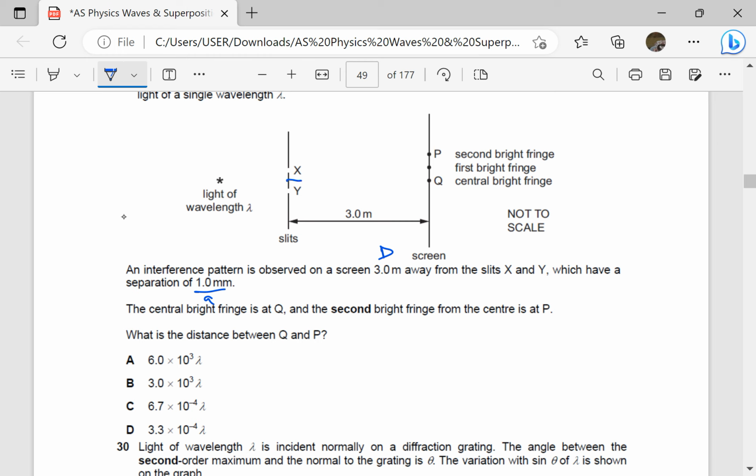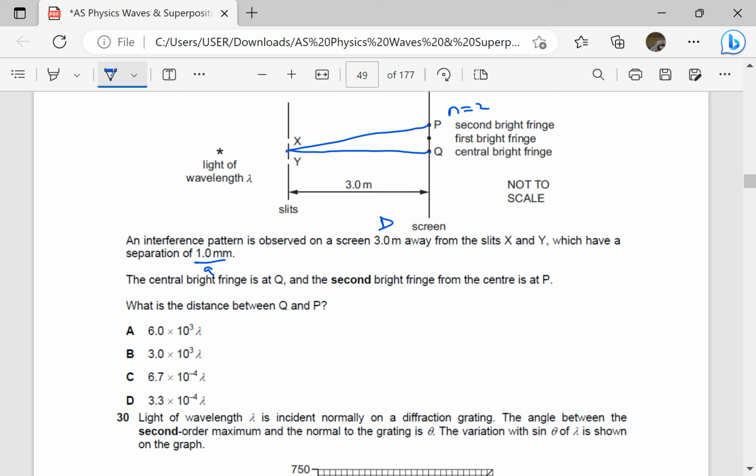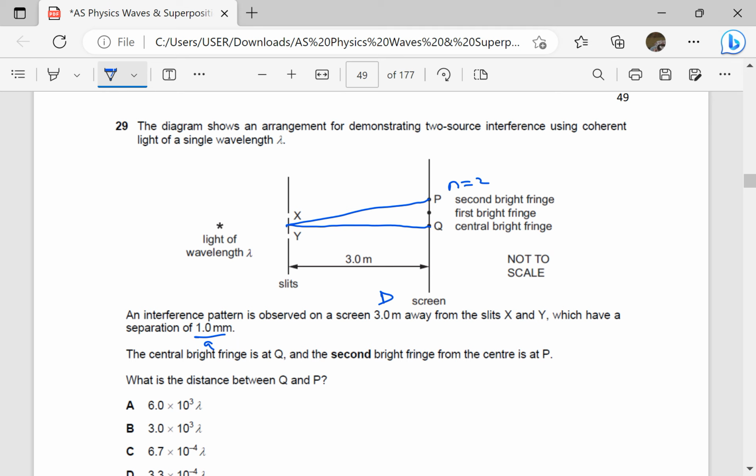So this is the central bright fringe. This is the second bright fringe, which is at n equals 2. So this is the first bright fringe. So we first need to get the distance between two successive bright fringes, which is small x. The wavelength has not been given, okay?